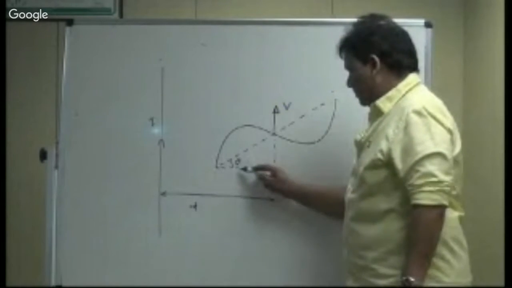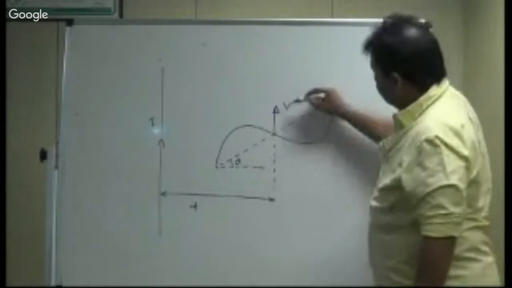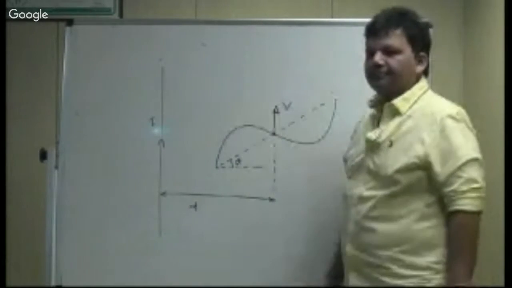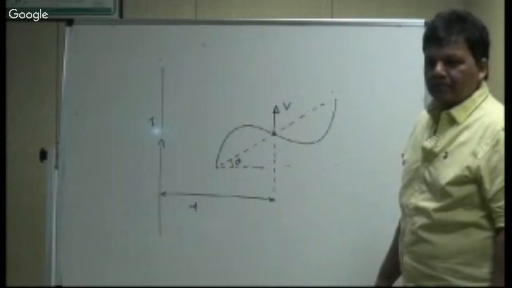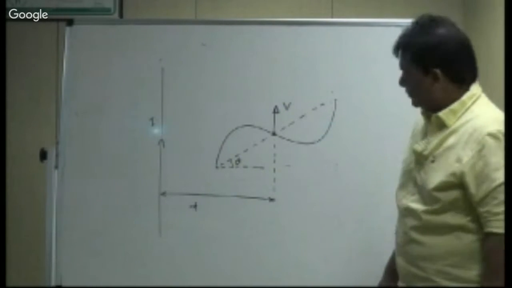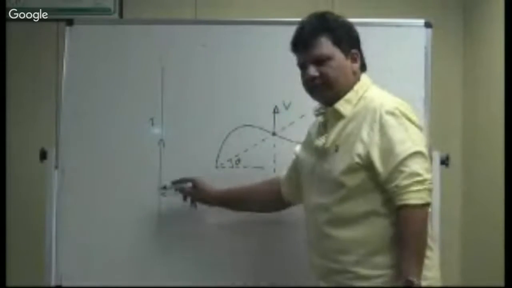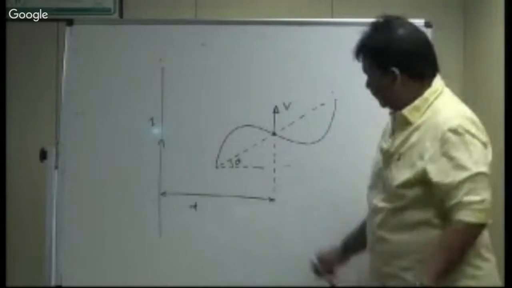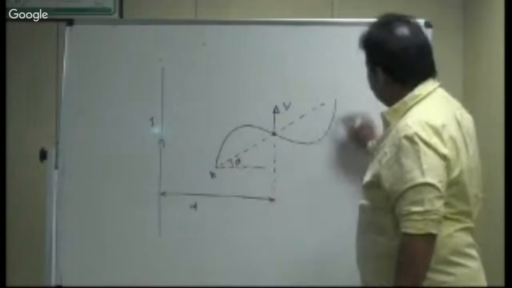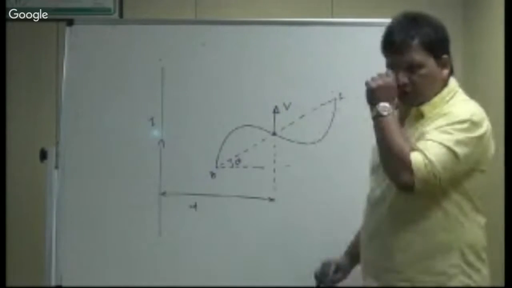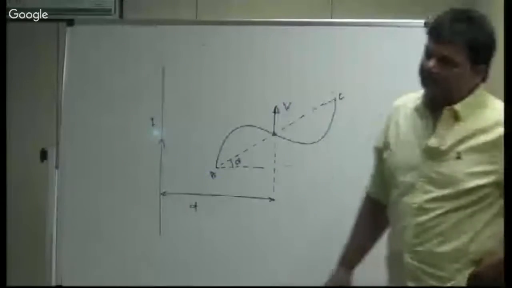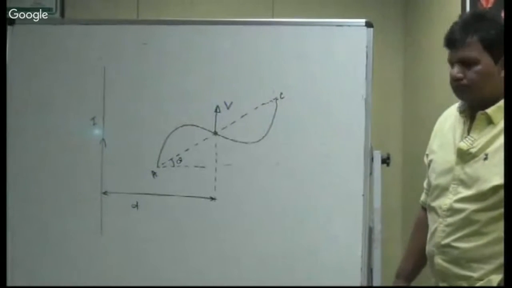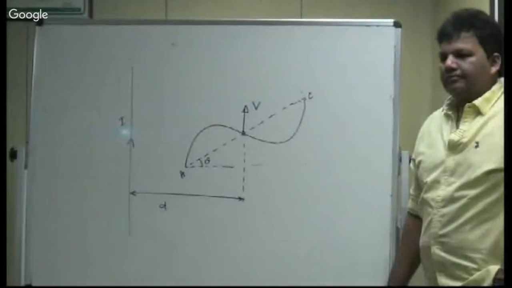The angle it makes with the x-axis is theta. The whole thing translates with velocity v. यहां से डिस्टेंस d लिया है और ये करंट कैरिंग कंडक्टर है. हमको पॉइंट A और पॉइंट C इन दोनों के बीच में इंड्यूस्ड ईएमएफ निकालना है. What will be the approach?